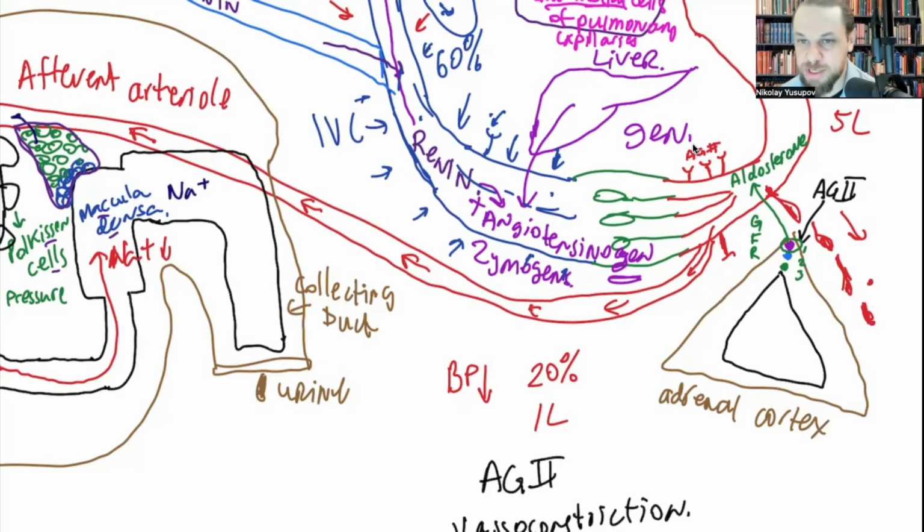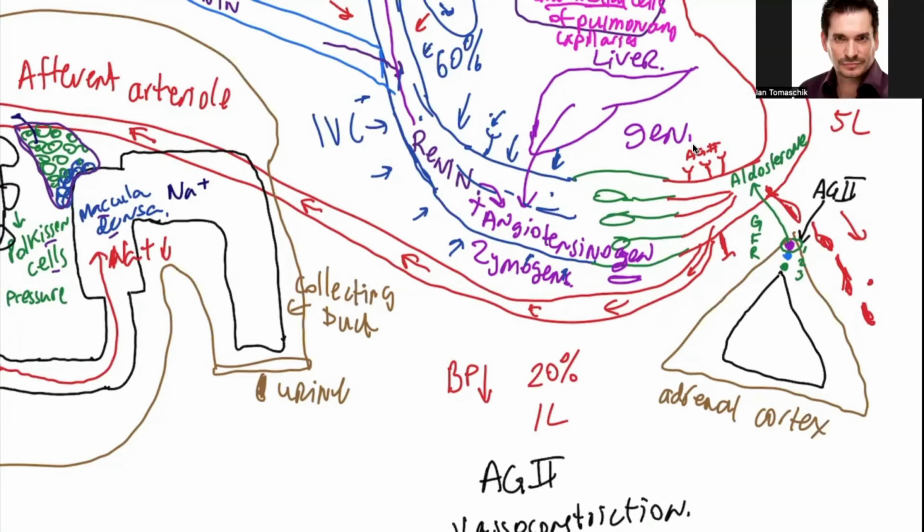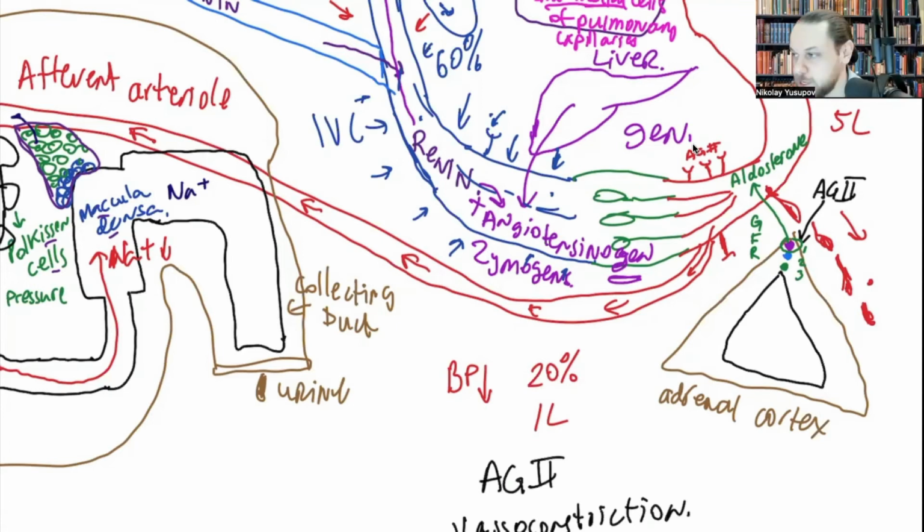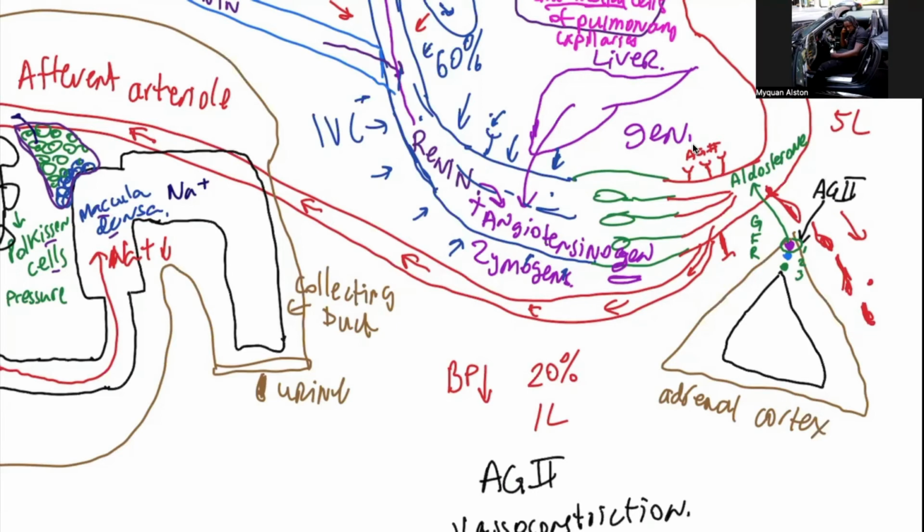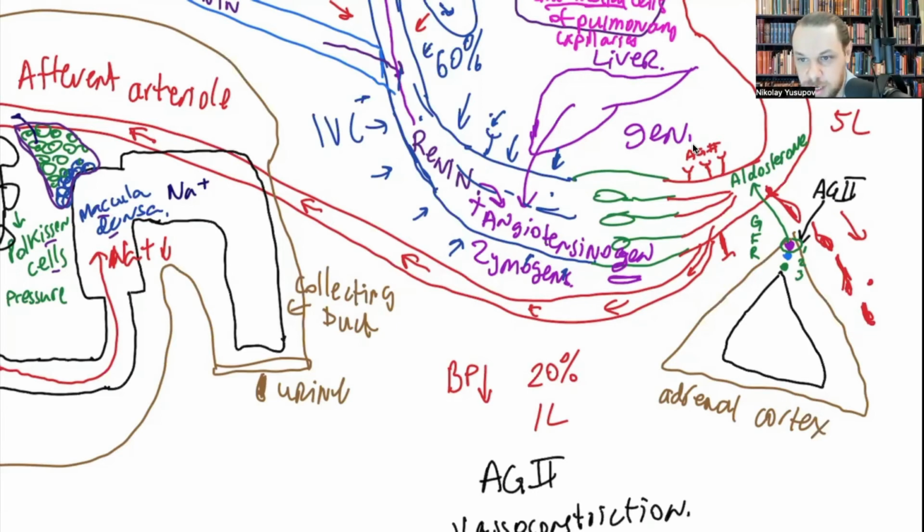Ian, can you repeat that again? I think you were saying correctly, but I just want to make sure I hear it well. It tells the renal tubules to keep the sodium, and keep the sodium and what else? Secrete potassium. And water. So yeah, let me show you what it does.